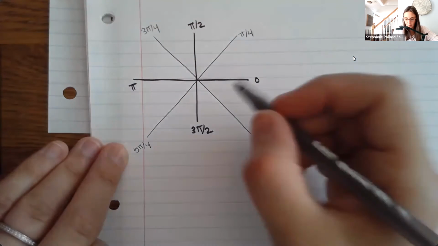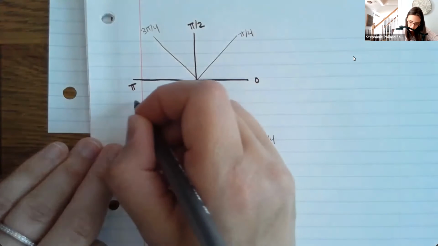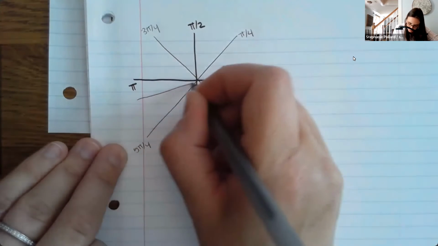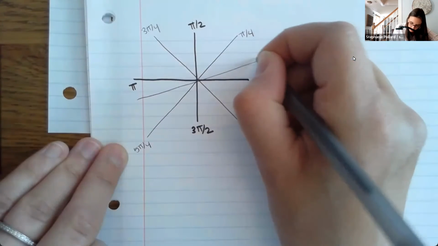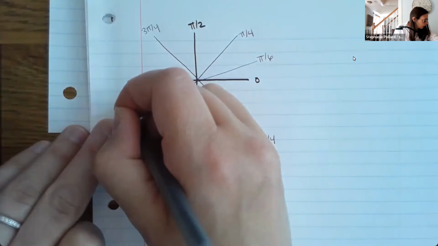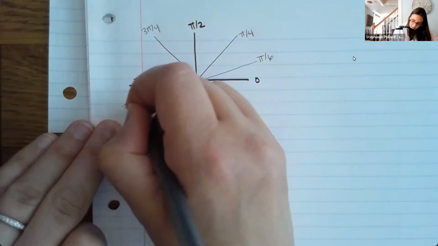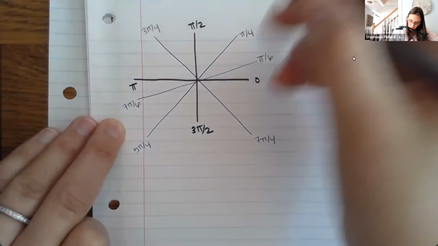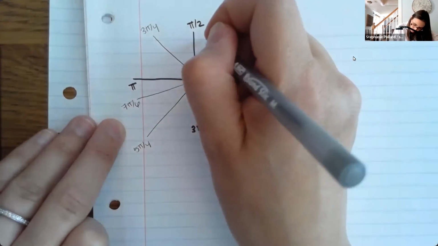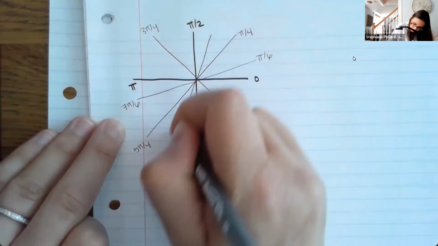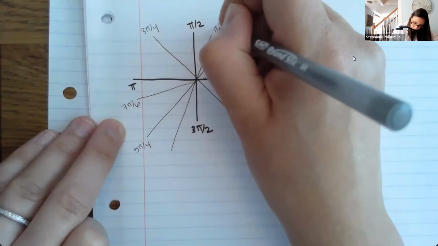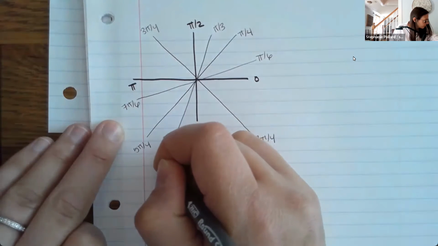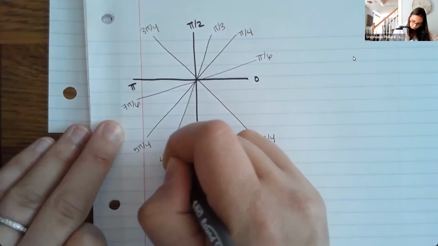Now I do my pi over 6 angle. And again, I just bring it straight through, do my best to estimate here. So this is pi over 6, and then this would be 7 pi over 6. And then I'll do my pi over 3 angle. And again, this is not perfectly to scale. And 4 pi over 3.